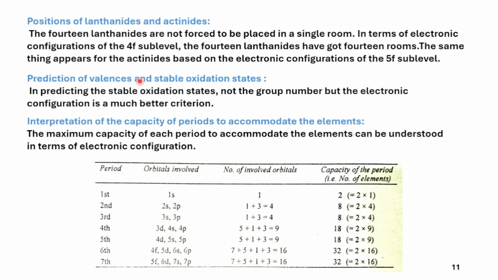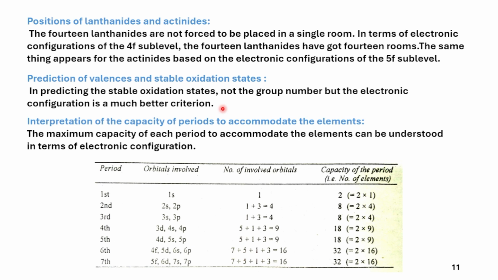Now, prediction of valences and stable oxidation states. In predicting the stable oxidation states, not the group number but the electronic configuration is a much better criterion. Earlier we used to think that if an element is in group 3, it will have a stable oxidation state of +3, and if an element is in group 5, it will have an oxidation state of +5.